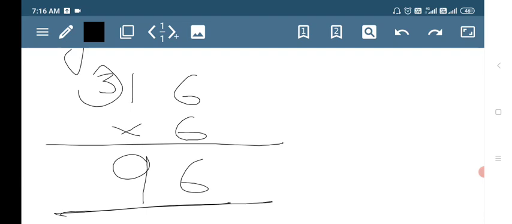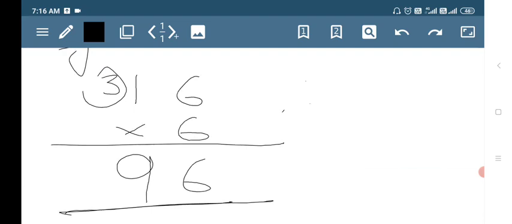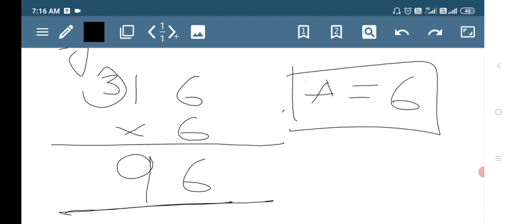Yes. So, therefore, the value of A is equal to 6. So, first we have to do these things with the trial and error method. Once you get practice, you can substitute the direct values.